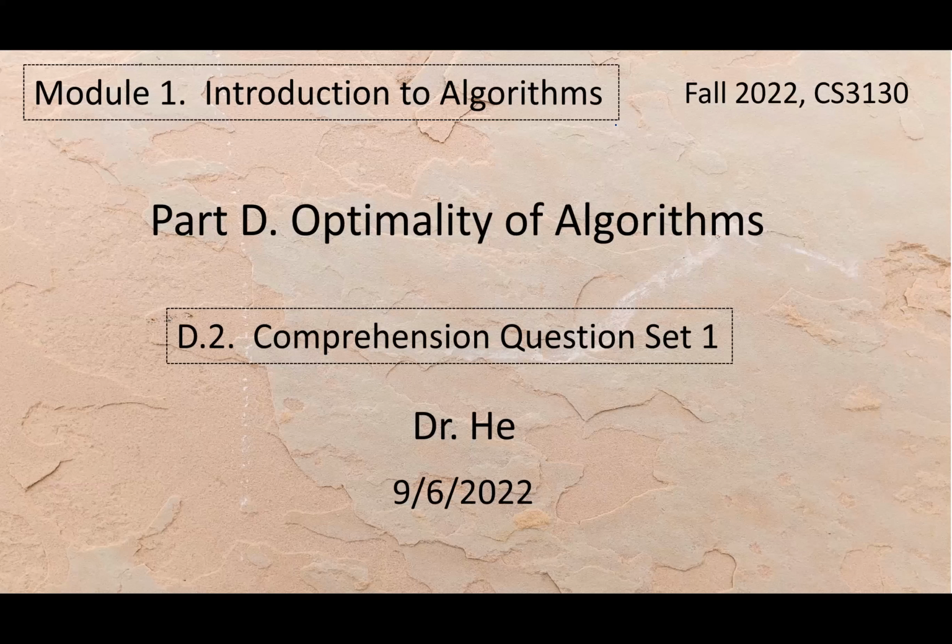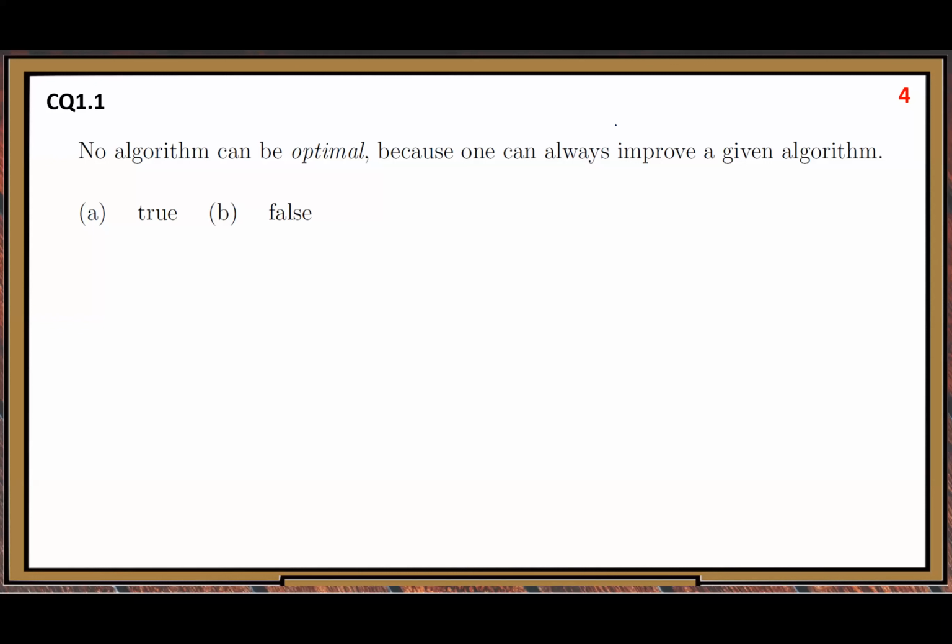All right. D.2, comprehension question set number 1. I like to do a few comprehension questions, some examples, before you work on quiz questions. The first one: no algorithm can be optimal because one can always improve a given algorithm.